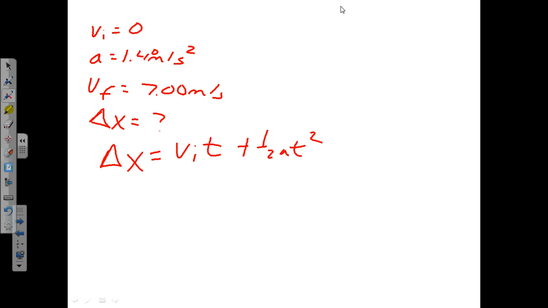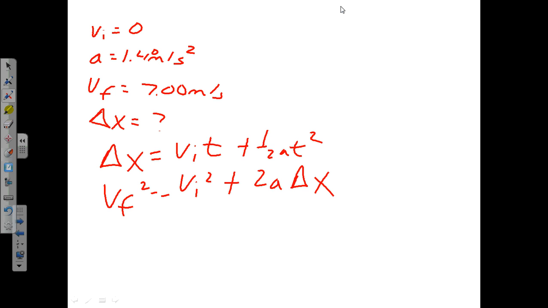So what else might be a good option? All right, the second one, but to use the second one, the second one will work fine, right? Yeah, that's probably the best option. So VF squared equals VI squared plus 2A delta X. We know VF and VI. We know acceleration. We don't know displacement. So that works.